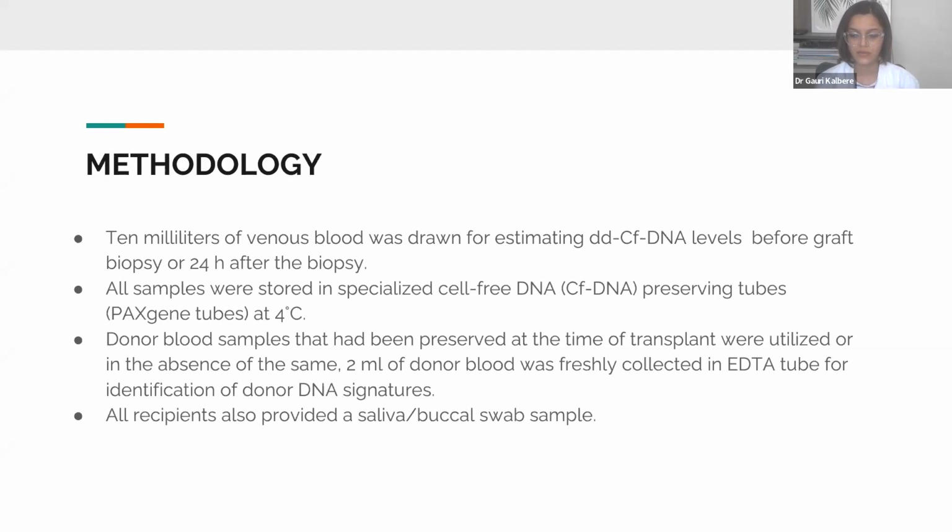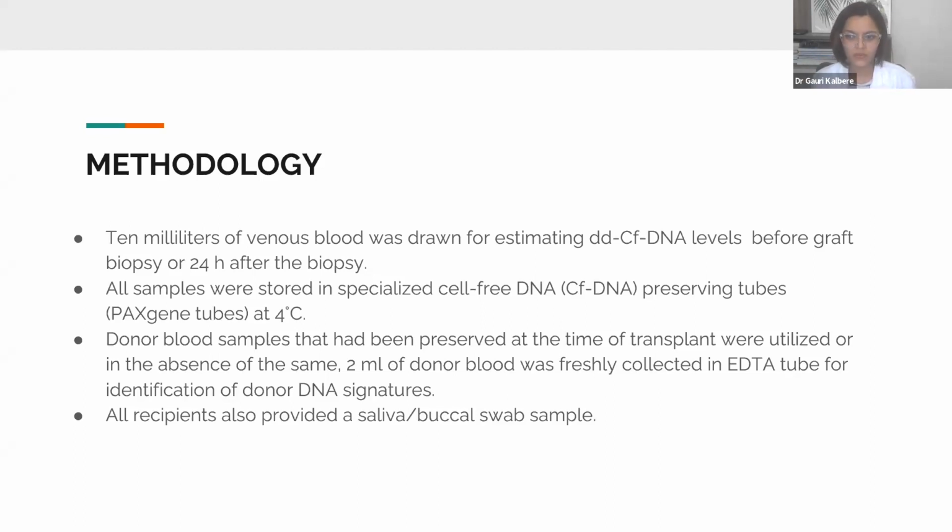So what is the methodology? This is very important because this was one of its kind which was conducted. So we'll discuss this briefly. 10 milliliters of venous blood was drawn for estimating donor-derived cell-free DNA levels before graft biopsy or 24 hours after the biopsy. As we discussed earlier, the DNA has a half-life of 30 minutes to 2 hours.